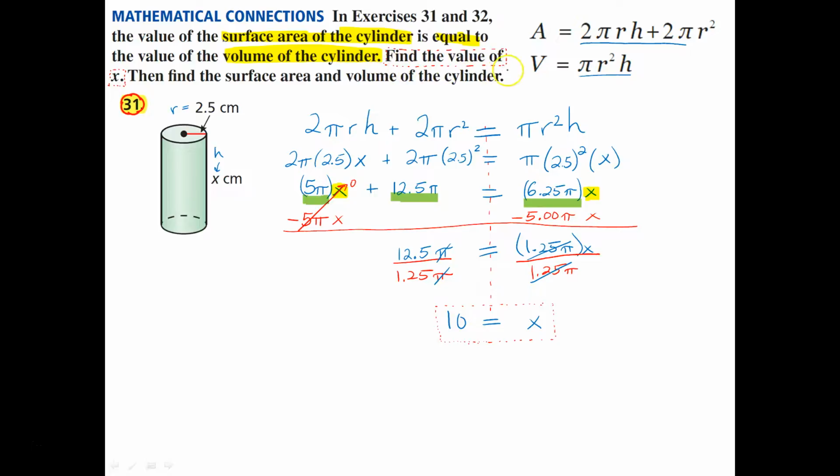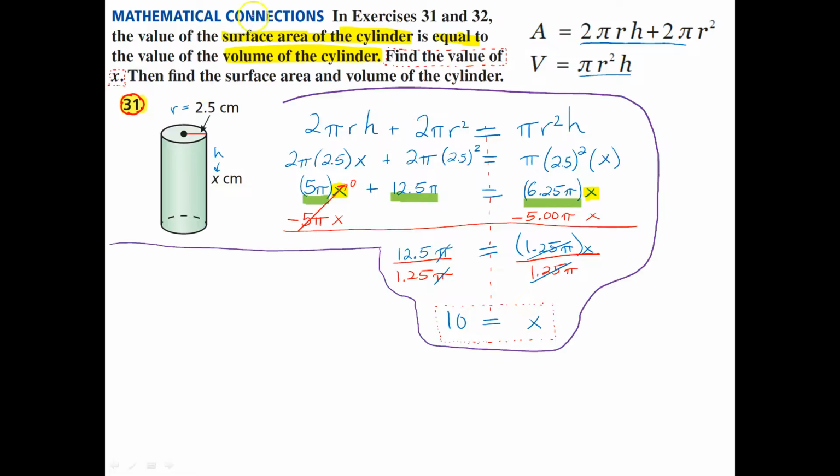So that's part of our answer, but now we need to find the surface area and the volume. And we can do that now because we know that x is 10, so the height of our cylinder is 10 centimeters. So we're going to use our same formula for surface area. We're just going to substitute in the known values now.